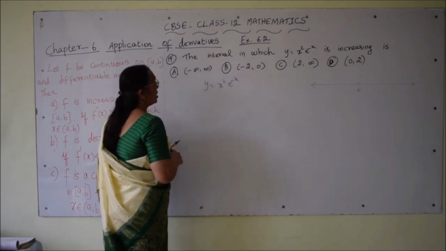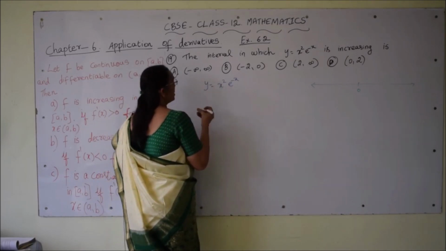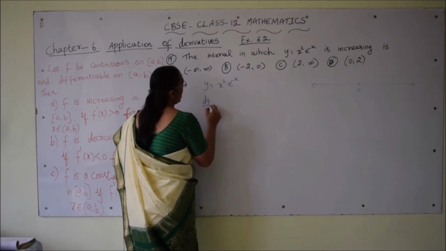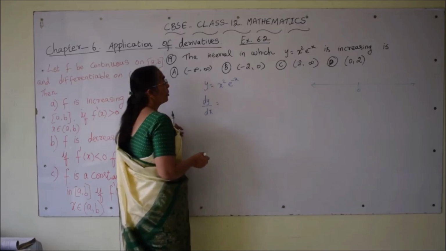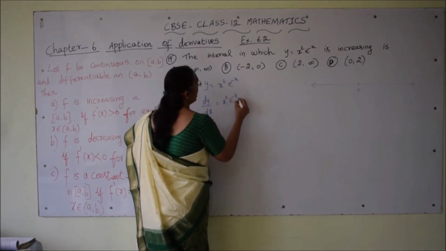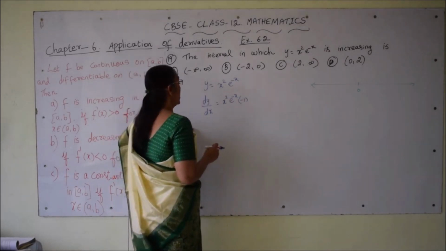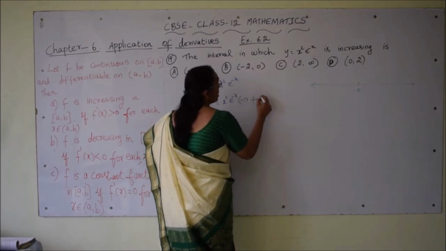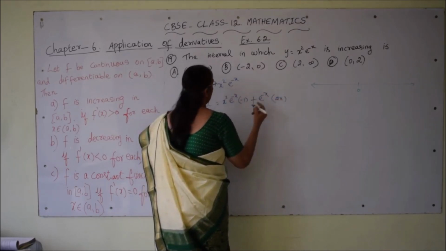Now, f dash of x, or y dash, since y is given, is dy by dx. We have to do differentiation using the product rule: x square into the differentiation of e power minus x, which is e power minus x into the differentiation of negative x, which is negative 1, plus e power minus x into the differentiation of x square, which is 2x.